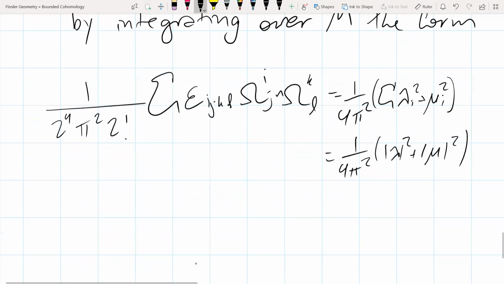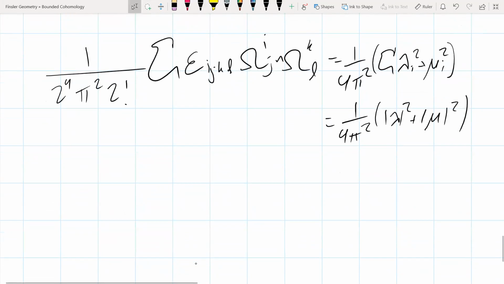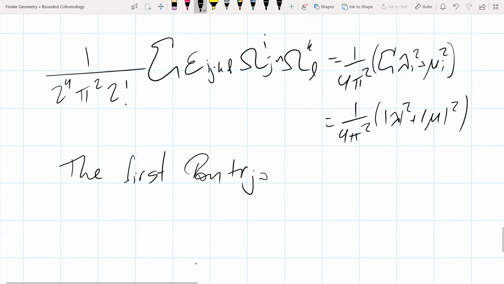Now, the first Pontryagin class. Pontryagin classes are classes in the degree 4 cohomology group, so the first is exactly at the top cohomology of your manifold.